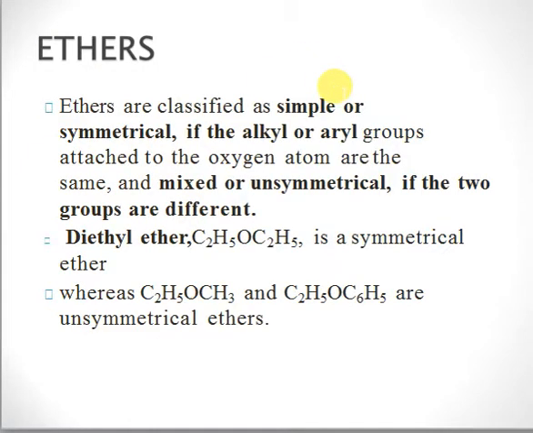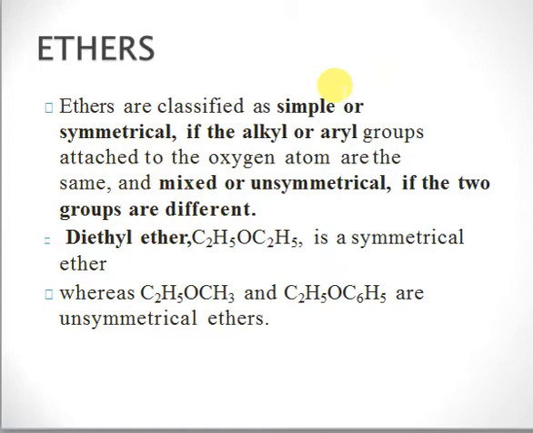Firstly, classification. Ethers are classified as simple ethers or symmetrical ethers, and unsymmetrical ethers or mixed ethers. What we mean by simple or symmetrical ethers is that if the alkyl or aryl groups attached to oxygen are the same, then the ethers are called symmetrical.